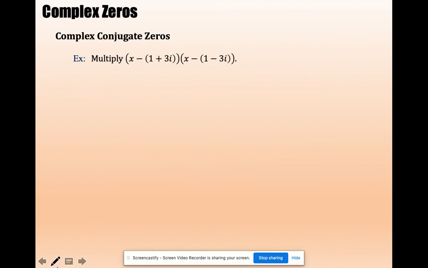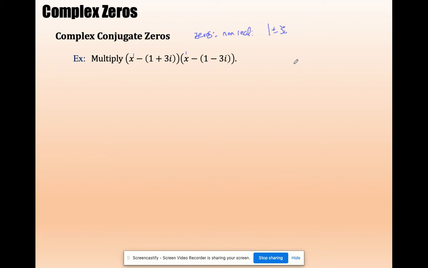So notice I am just asking you to multiply here. This is going to be a quadratic, right? And x to the first times an x to the first is a quadratic. The zeros of this quadratic are not real. And they are 1 plus or minus 3i.